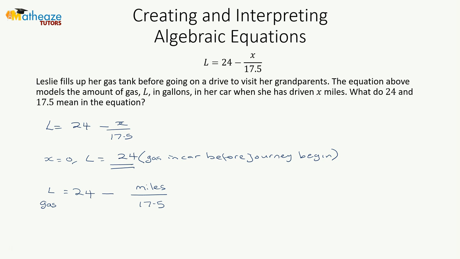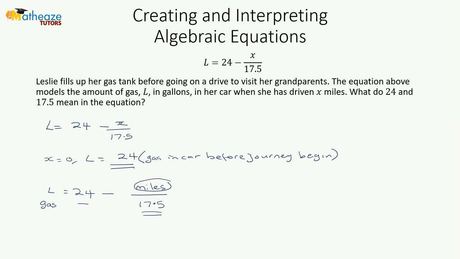So initially we have 24 gallons in the car. After she drives a specific number of miles, we expect a reduction of the number of miles divided by 17.5. So what can we deduce that 17.5 represents?